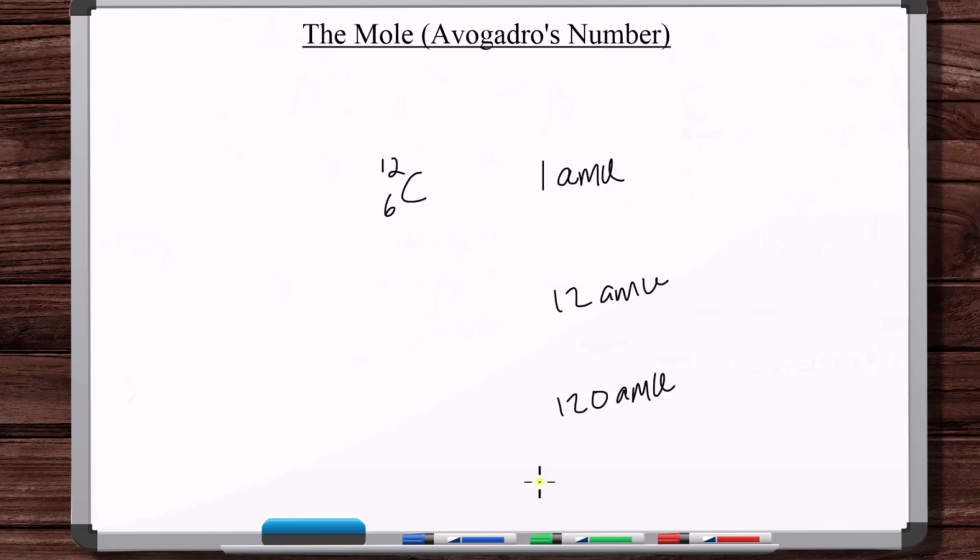Okay, however, note that based on everything I've talked about so far, the definition of the AMU at the moment is a little bit different from the definition of something like the meter or the pound, because with those kinds of definitions, we have a direct reference of, okay, this is how much a pound weighs.